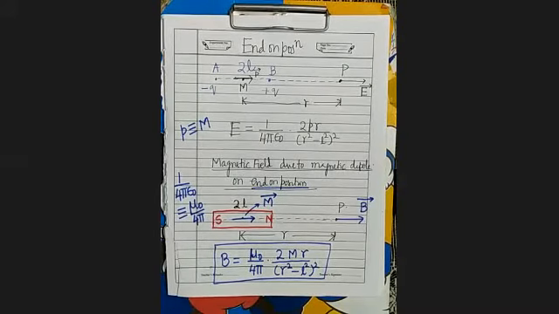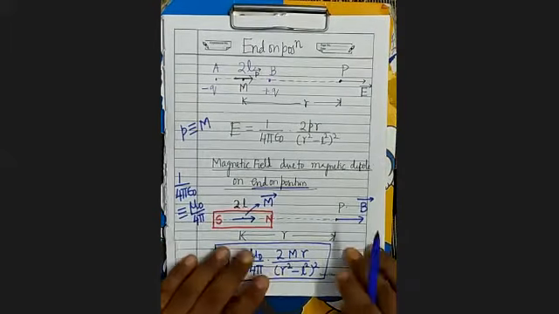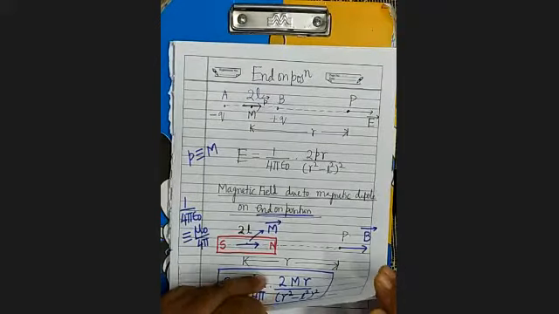Now, if the dipole is of short length, small length, in our course, there are the dipoles of small length. If it is of small length, then 2L will be negligible as compared to R. So I am writing here.